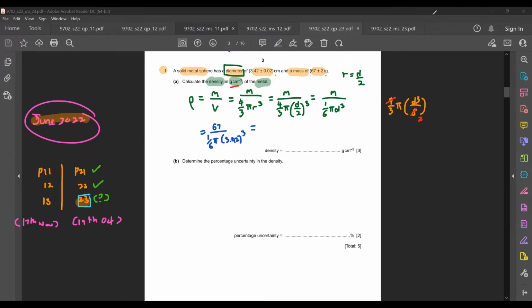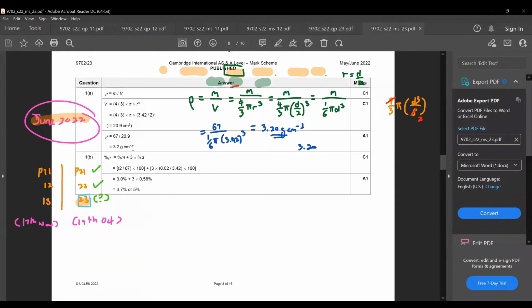We should get the answer as 3.20 gram per centimeter cube. So this one should be the answer, 3.2 gram per centimeter cube.